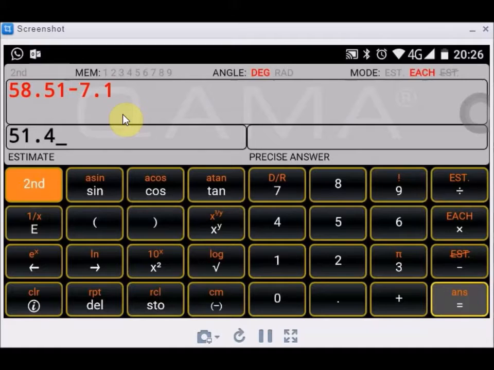So you can see the QAMA calculator is making you work all the time as well. And we can see here's the precise answer, 51.41. That's how the QAMA calculator can deal with all those annoying internet memes on order of operations.